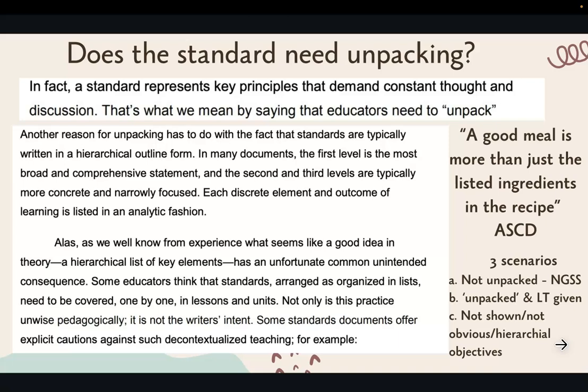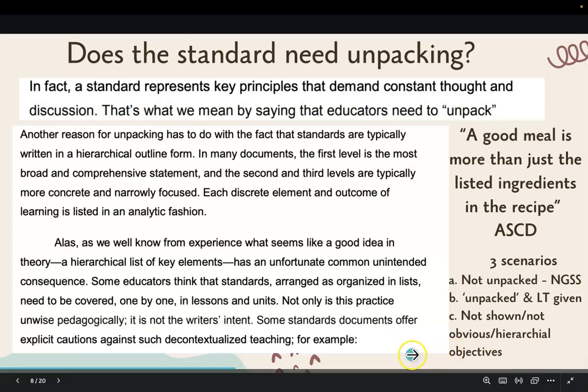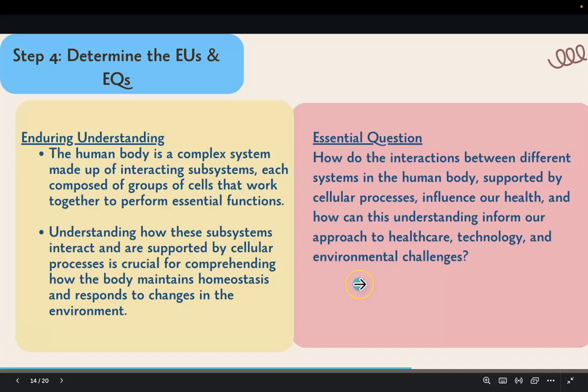If that's the case, we mess up somewhere along the journey. All right. And then that hierarchy of objectives, the intent was never for us to teach that way. There should be some unpacking of those objectives, or perhaps repacking if that's the situation.